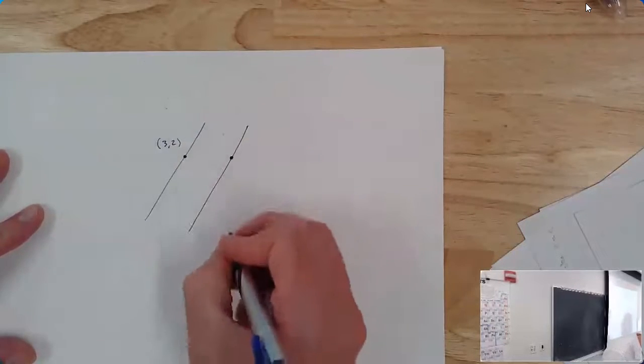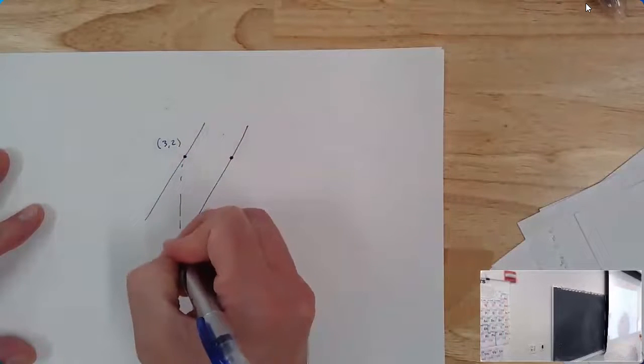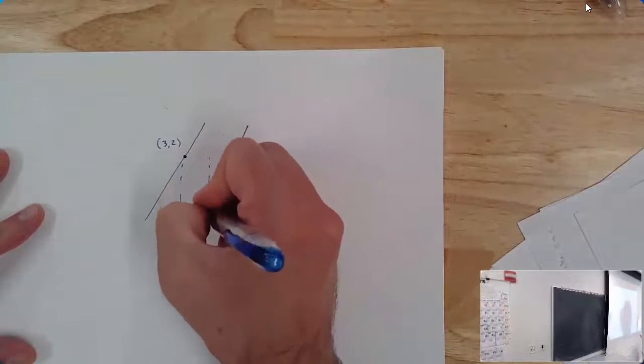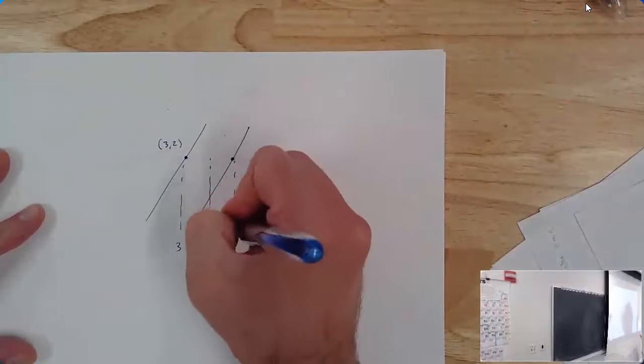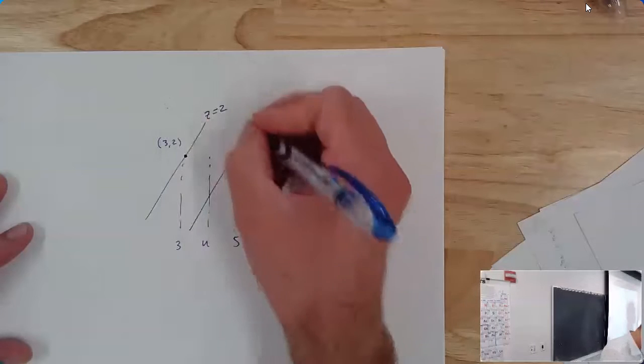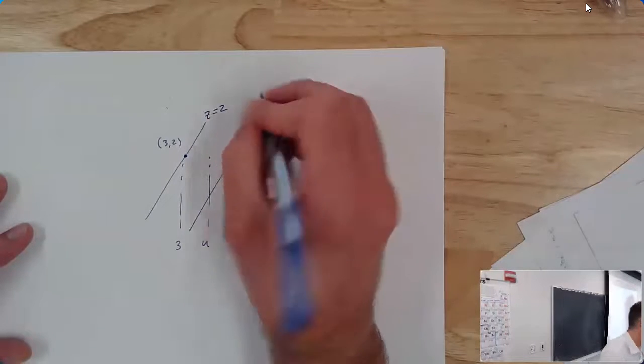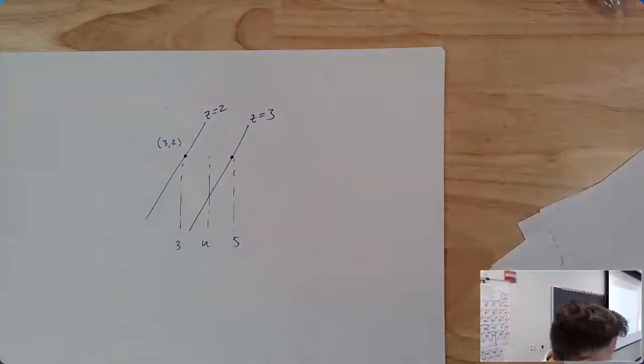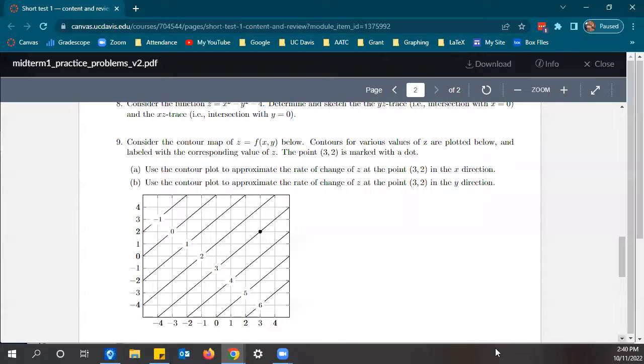This point here corresponds to when x is 5, and this is z equals 2, and this must be z equals 3. Let's double check just to make sure. Oh, sorry, we're already on z equals 3. I apologize. And we're moving over to z equals 4. Sorry about that.